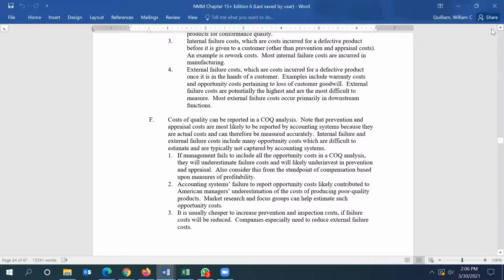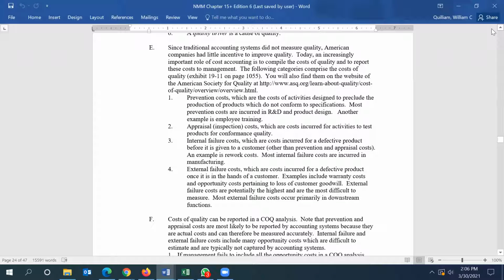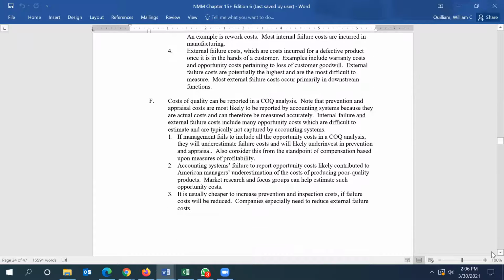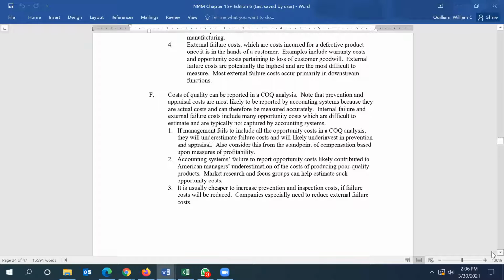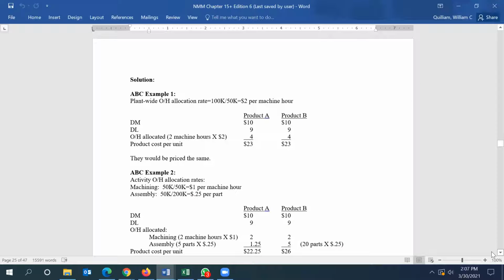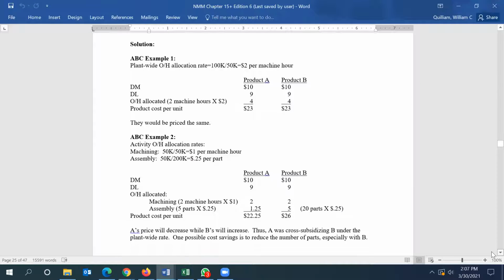Oh, and you should know these different types of costs or activities that go into quality. COQ analysis, know what it is. I did not have one in the exam for you to do in numbers. There again is a solution to the ABC problems that we had.